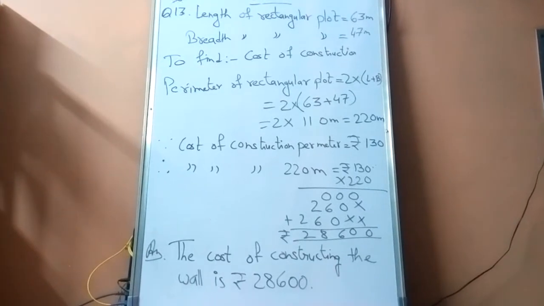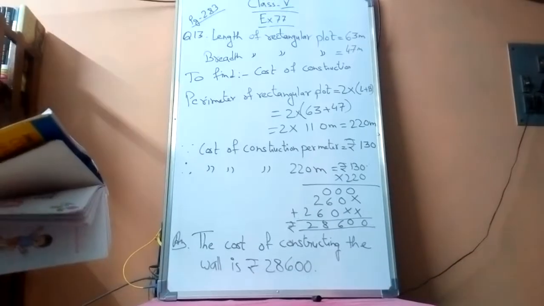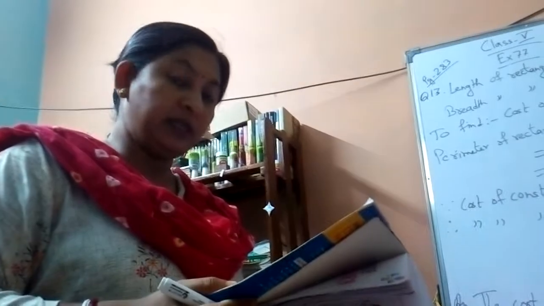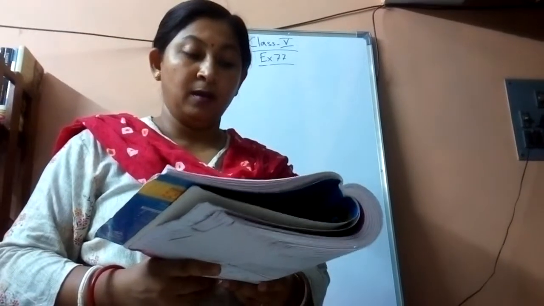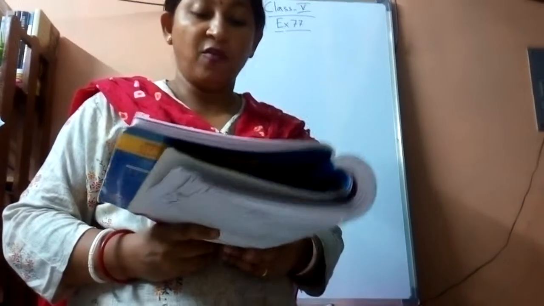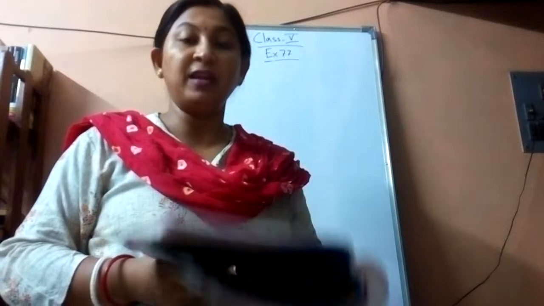Tanvi runs 3 times around a square field, each of whose sides measures 95 meter. How much distance does she run? Okay, so let's start this one. Now for 14 it is given the square field and the side is given 95 meters.